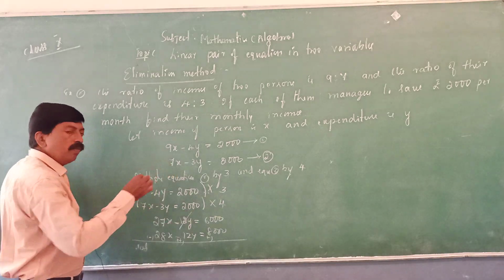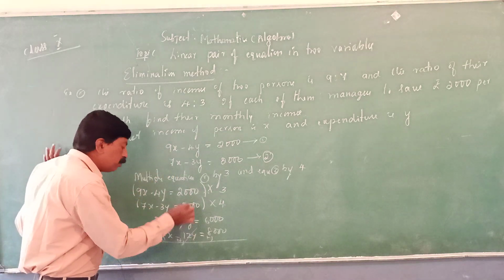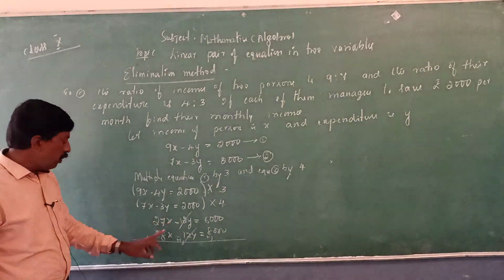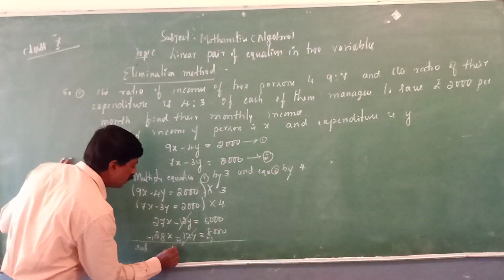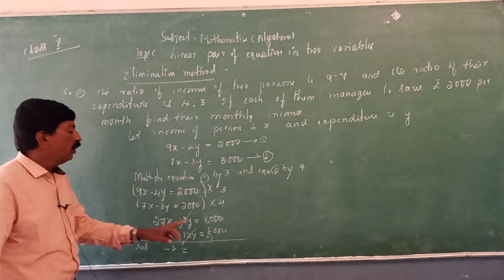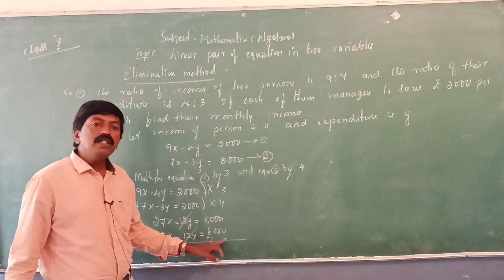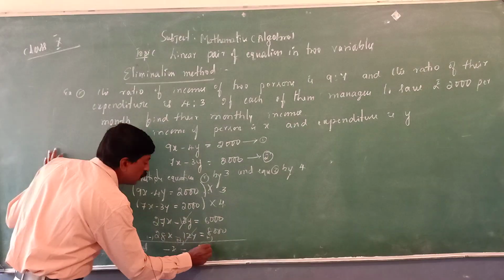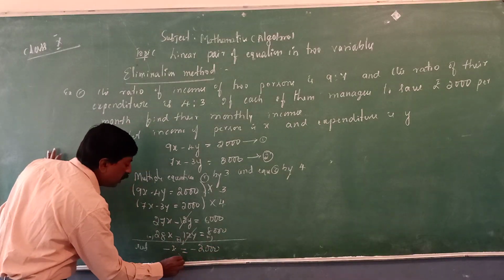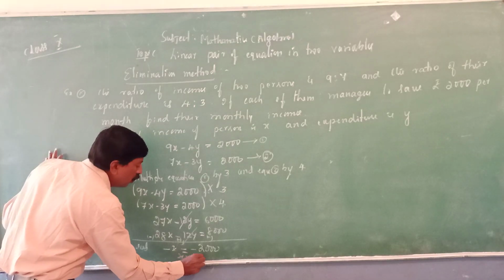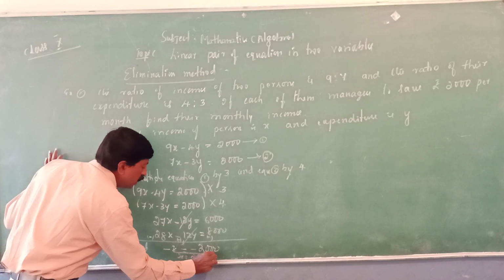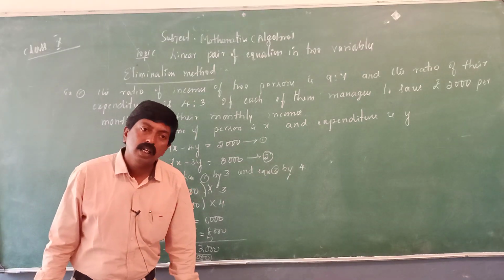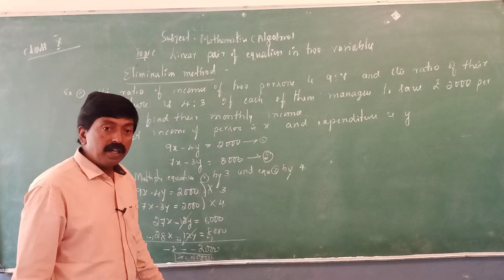Therefore minus 12y cancels with plus 12y. 27x minus 28x is minus x, which equals 6000 minus 8000, that is minus 2000. Both sides are minus, so x is equal to 2000. What is x? x is the income of a person.